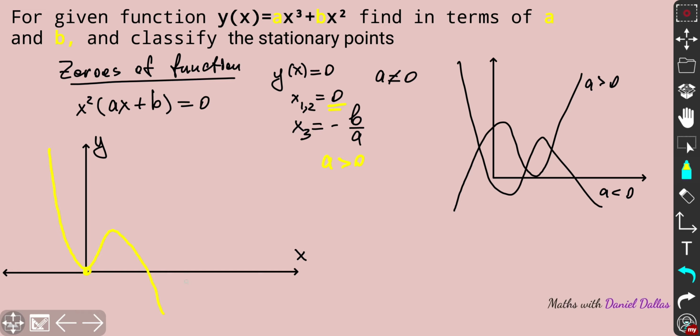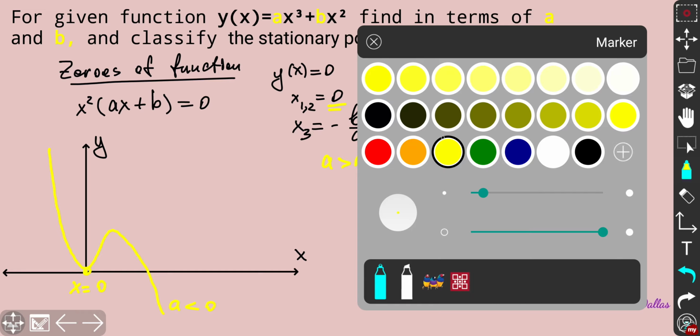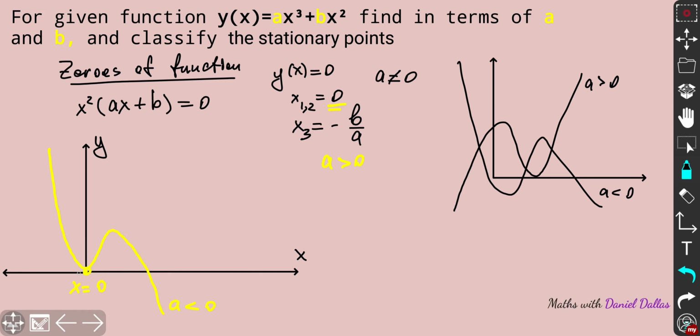In this case, definitely a is negative, and that's one point that delivers 0 to the function. Or it might be a rising polynomial, and in this case we might have something like this. In this case, a is more than 0.